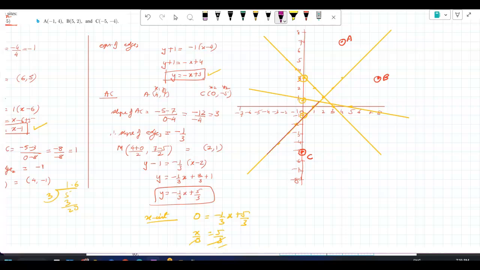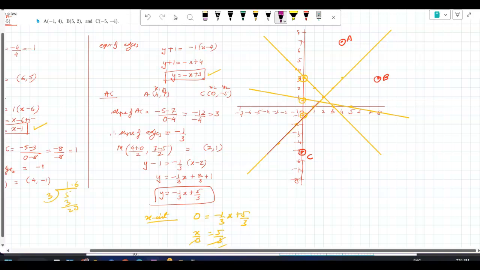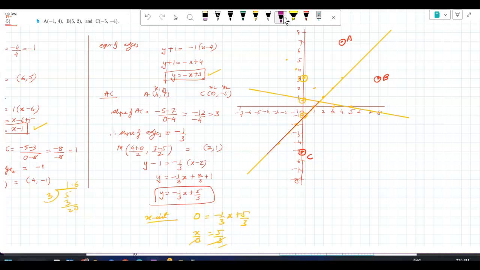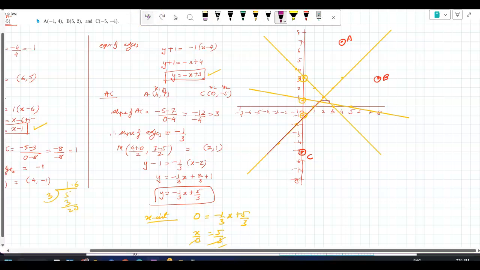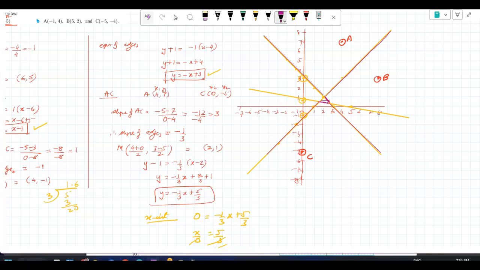This part over here is the boundary for C. This is the boundary for A. And this is your BC.